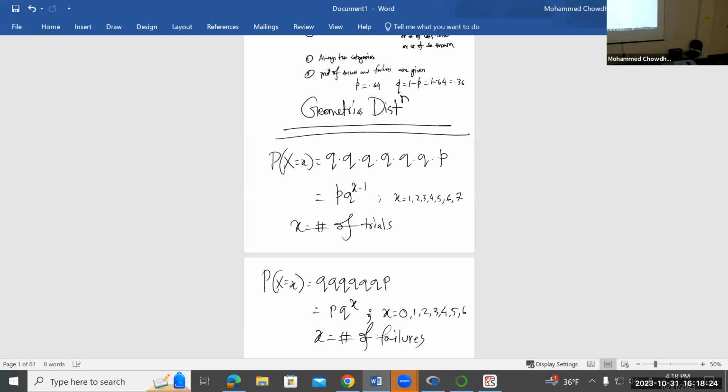So those stones will be the number of trials. On the other hand, in this case, she got 0 failure, 1 failure.